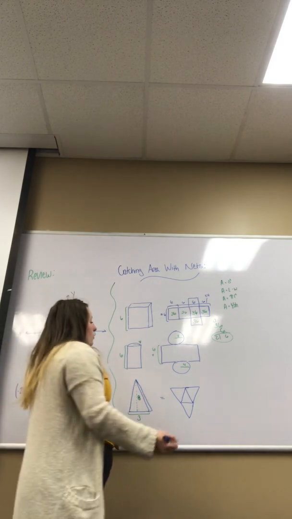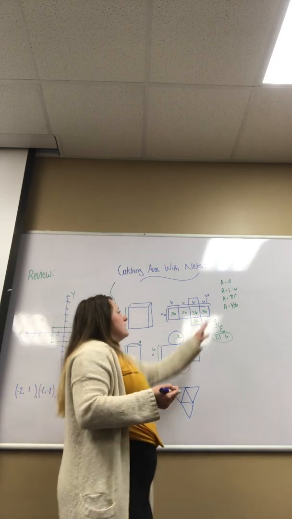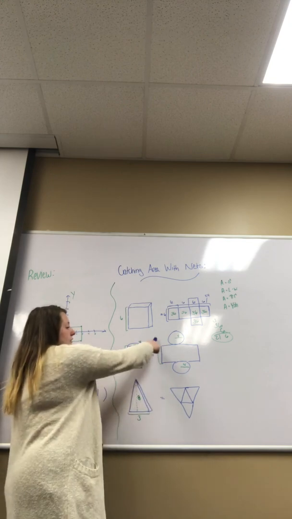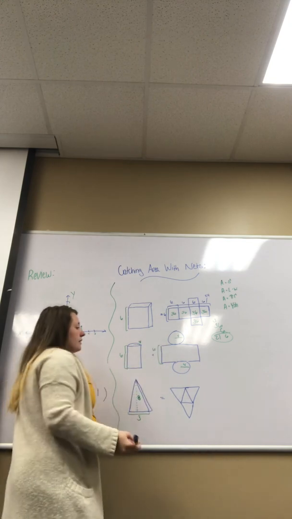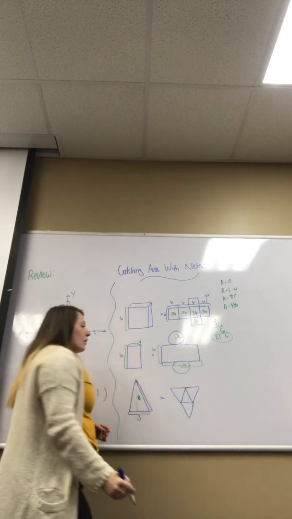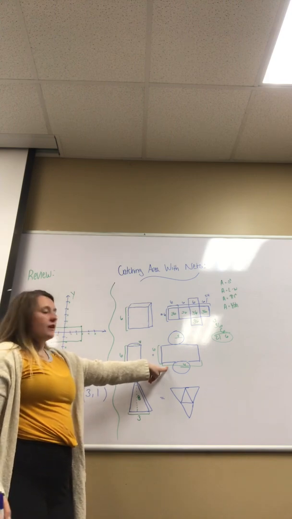So our formula for finding the area of a rectangle is length times width. But here's our problem. We only have our length, right? We don't have this one down here. So how are we going to figure that out? Does anyone remember?